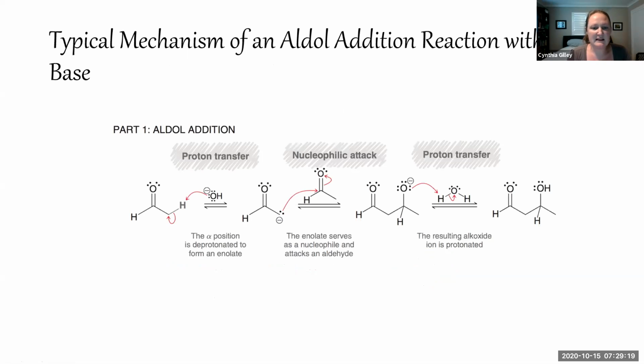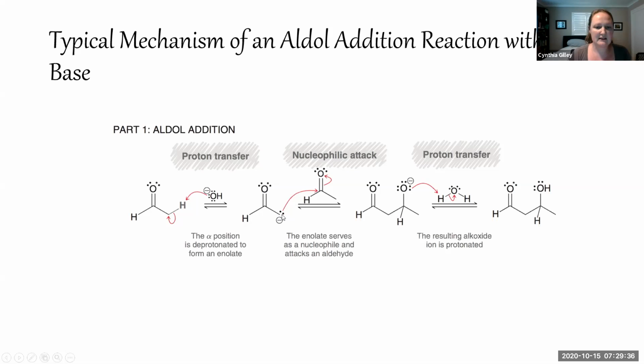Let's look at the mechanism of a simple base catalyzed aldol addition reaction. For example, if you take an aldehyde such as ethanal, treat it with sodium hydroxide, you'll get a proton transfer to form the enolate of the ethanal.